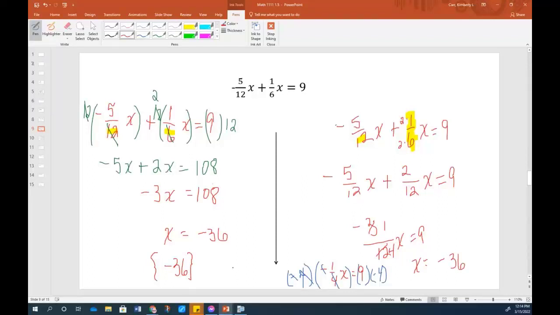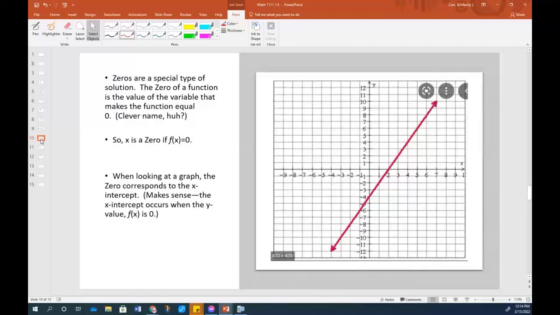You get the same answer both ways. The question just becomes, which one did you understand the best and which way would you rather do it? So if you want to multiply to clear fractions, then you decide what your common denominator would be and then multiply every single term by that common denominator, excuse me.